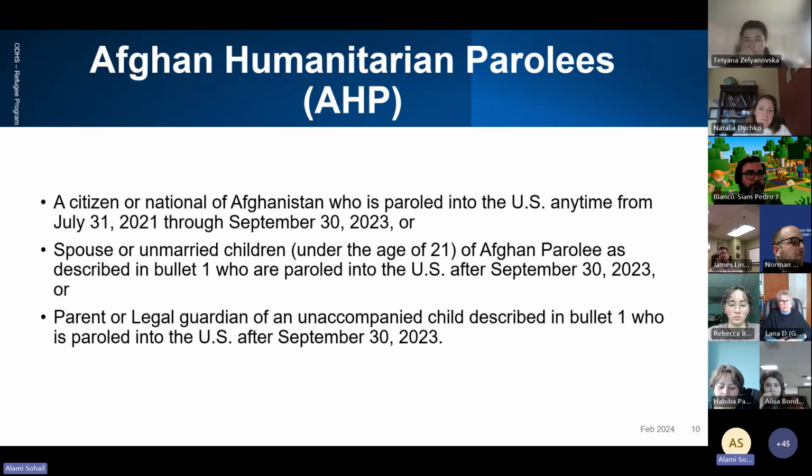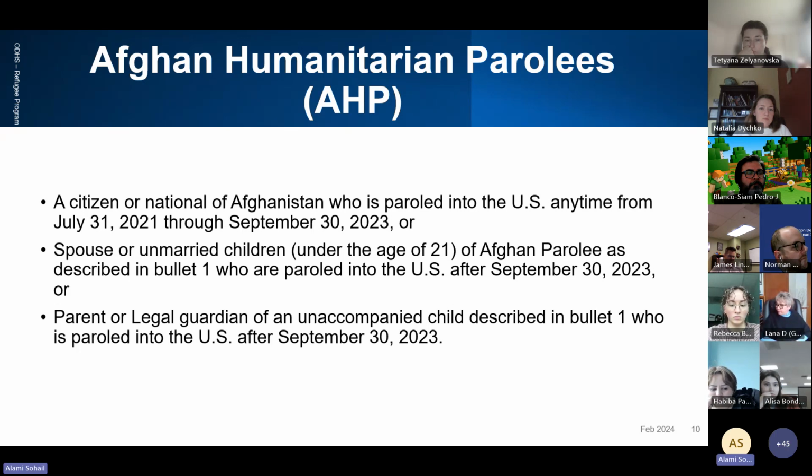But that relationship has to be established, and the original parolee needs to have arrived during that time frame. Similar situation for parents or legal guardians of unaccompanied children who were paroled earlier during that period. If they arrive after September 30th of 2023 and that relationship is established, then they would be eligible for receiving those services.